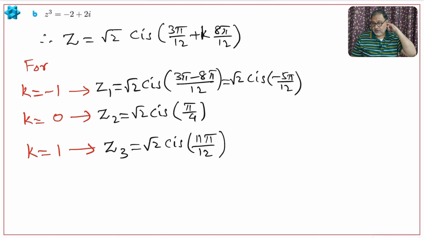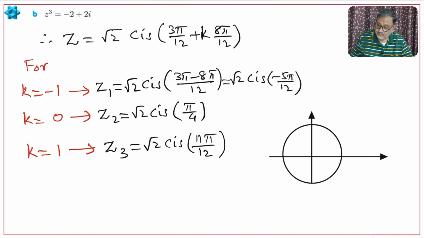Okay, when I want to show them on the Argand plane or the complex plane, this is the real axis, this is the imaginary axis, and the three complex numbers.